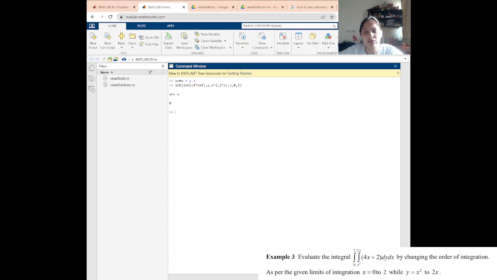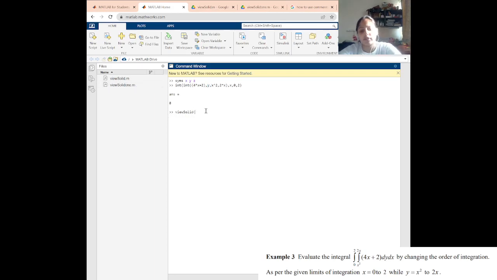So even after changing the limits of integration, we should still get the answer as 8 because the volume won't change. Maybe just the format of writing this whole thing is changed, but the answer should still remain the same. So we again use ViewSolid because again here y is not a constant. When x is not a constant, we use ViewSolid1.